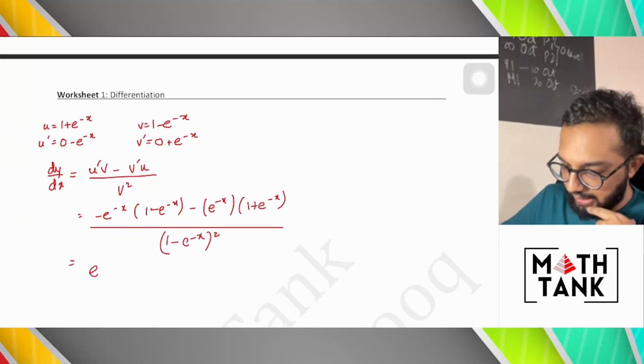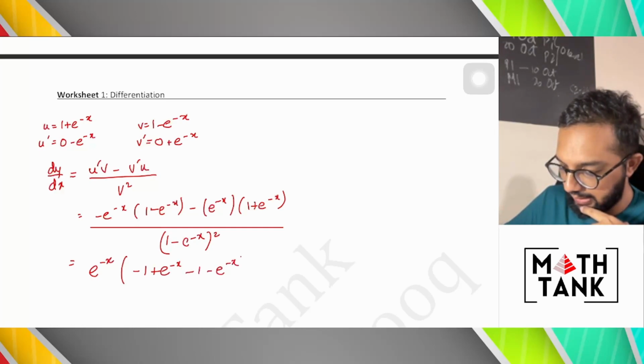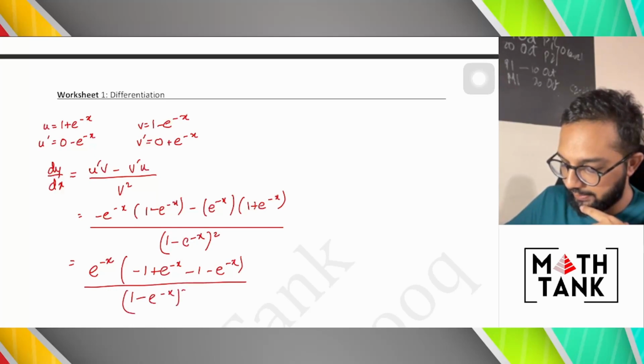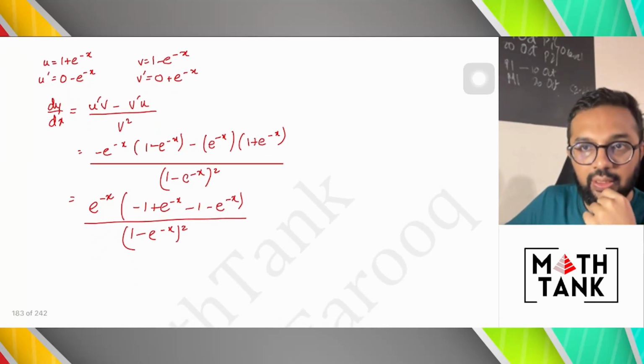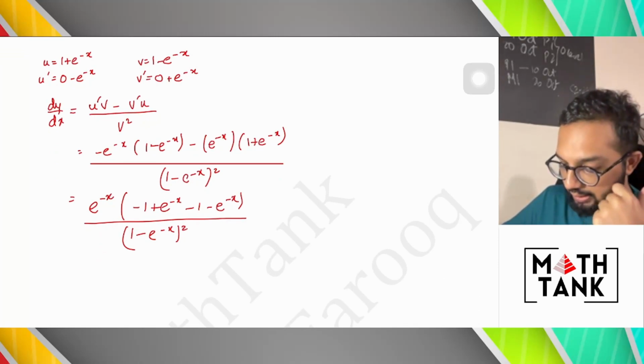I see that e power minus x can be brought out as a common factor, so I'm going to say that this becomes minus 1 plus e power minus x and minus 1 minus e power minus x, and that gives me 1 minus e power minus x whole square. I've taken a common factor from the numerator. That gives me the denominator, the simplified numerator e power minus x, and this gives me minus 2. These two cancel out with each other.